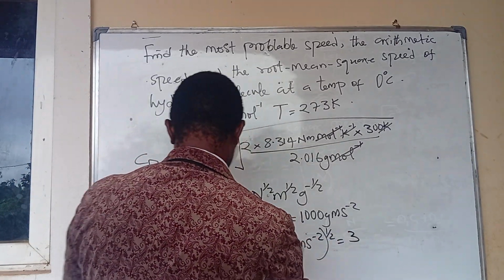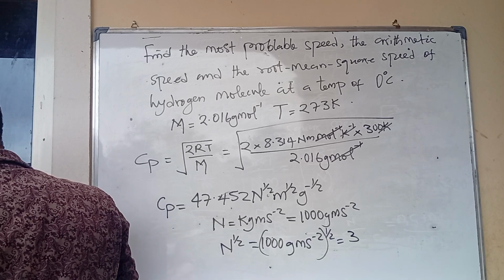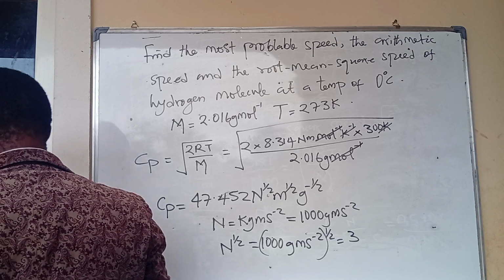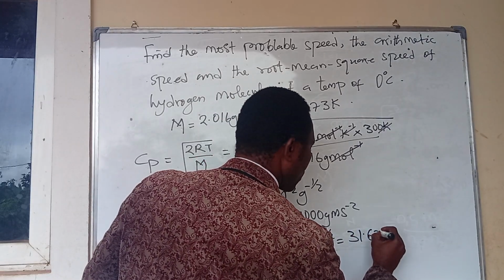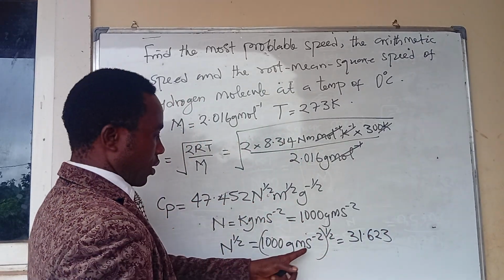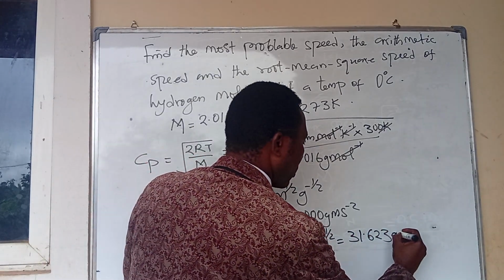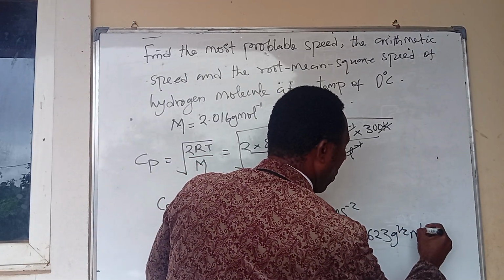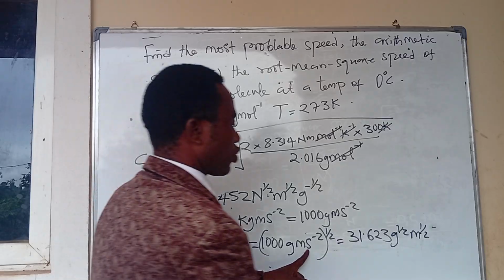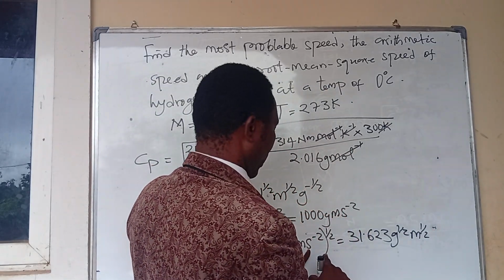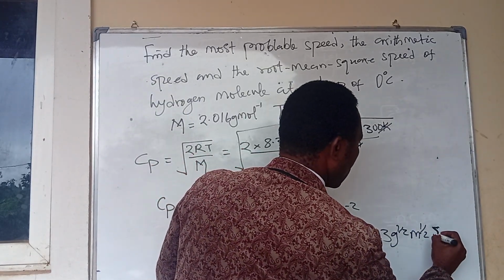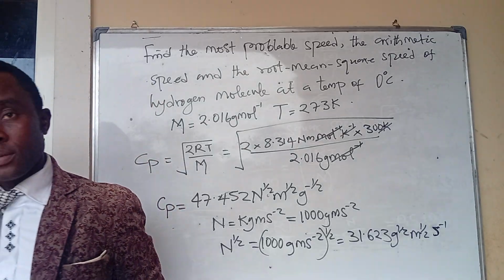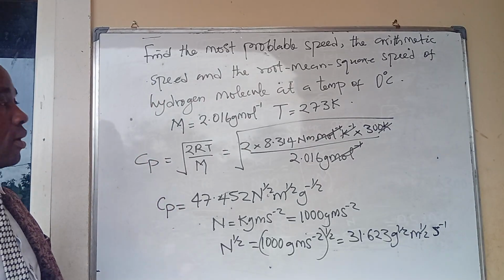If you take the root of 1000, we have 31.623. This will be raised to power 1 over 2. Also, the m will be raised to power 1 over 2, and the s will be raised to power 1 over 2, which will give us s^-1. Alright? Are we getting it? Alright.